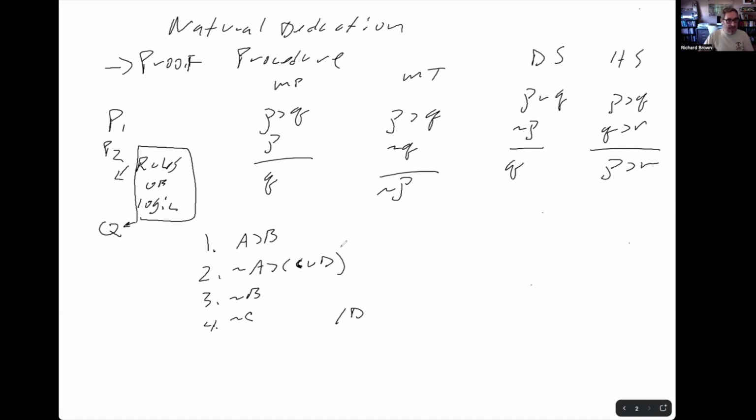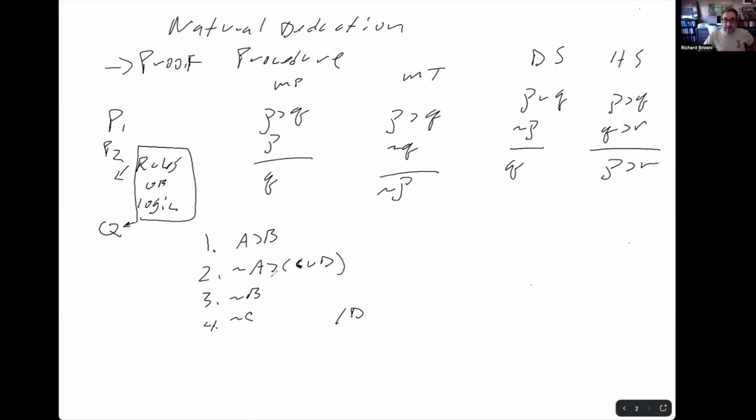So D is on the right-hand side there, and we would need tilde C in order to do disjunctive syllogism, because in that case, P would be C and Q would be D. So P wedge Q is C wedge D, and tilde P is tilde C, and Q would be D. So that would be how we would connect that up. So that allows us to see that what we would like is to get C wedge D written on a line by itself down here.